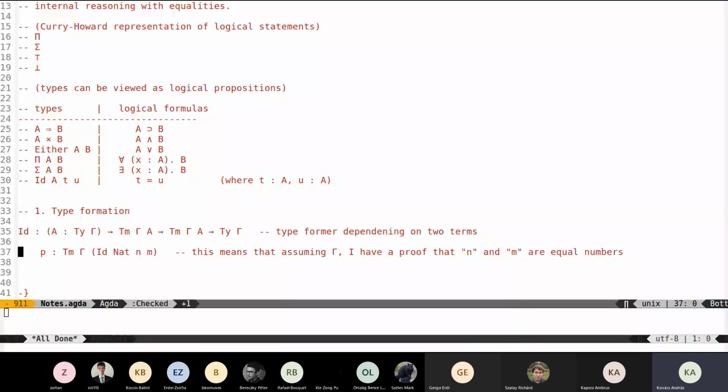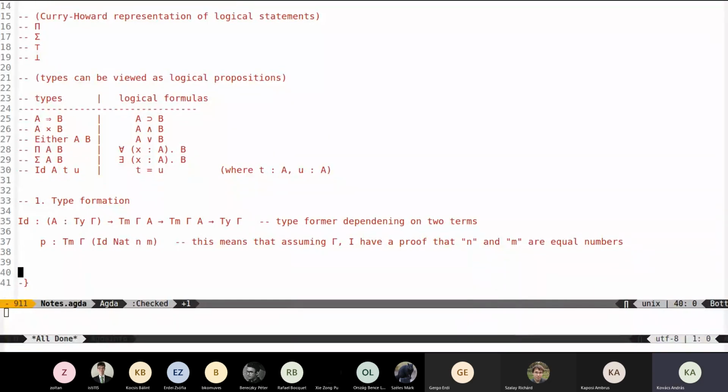So this would be like a logical Curry-Howard interpretation of having an inhabitant of this particular type. So Γ is all the hypotheses, and this is the statement, and the statement says something about the equality of numbers.